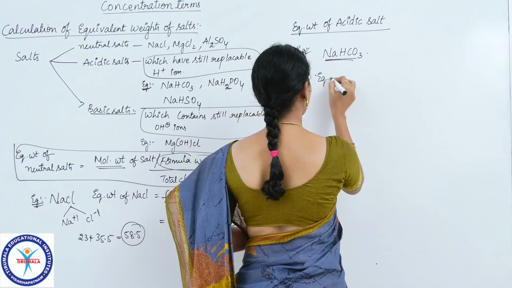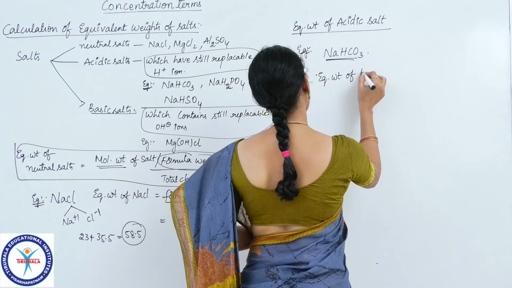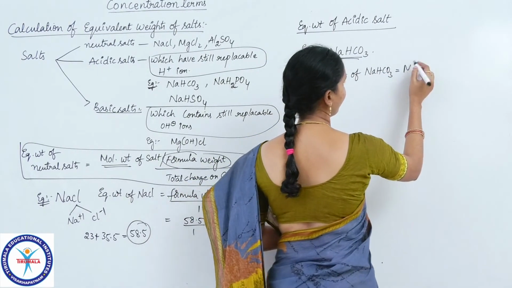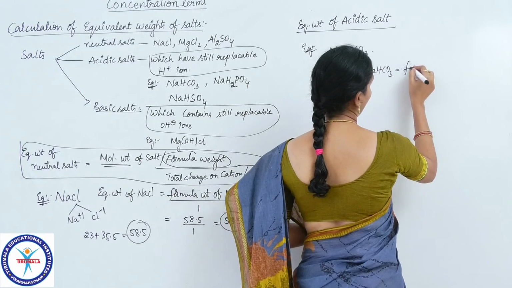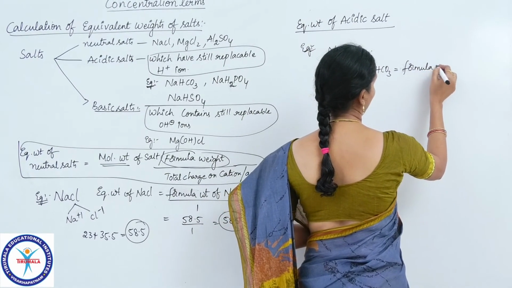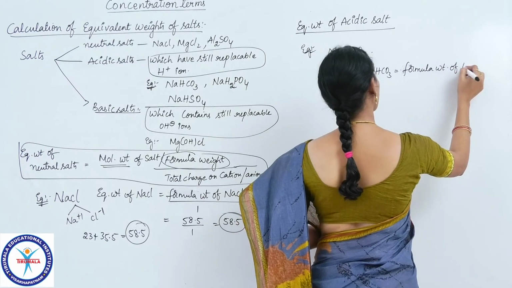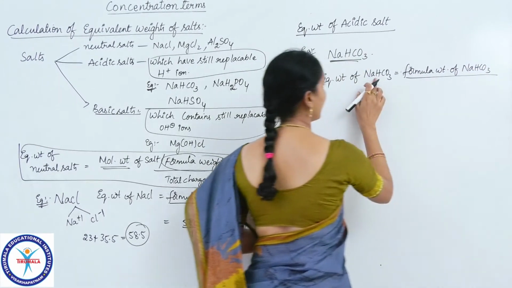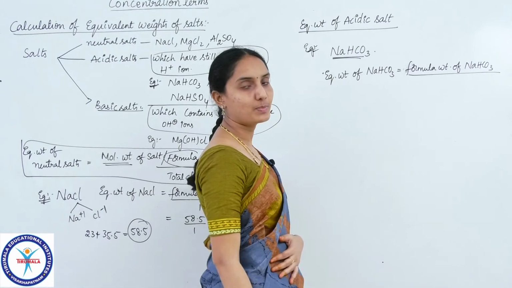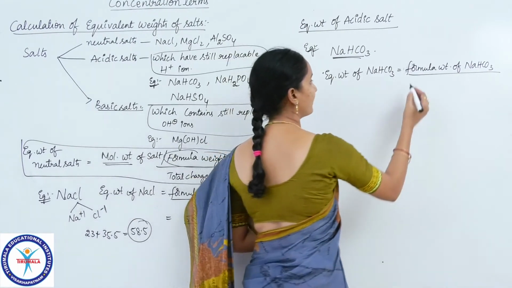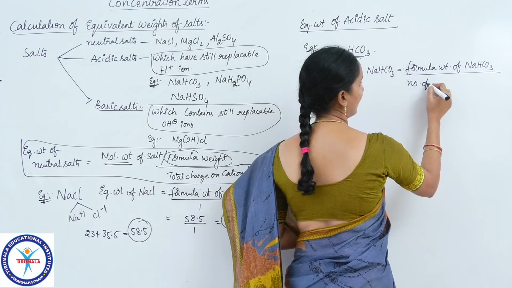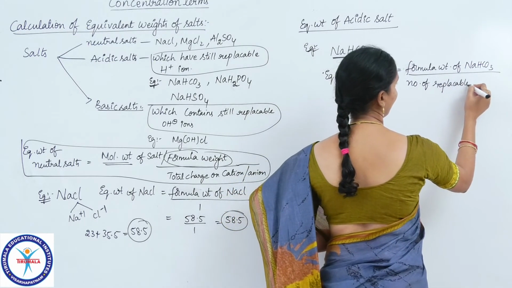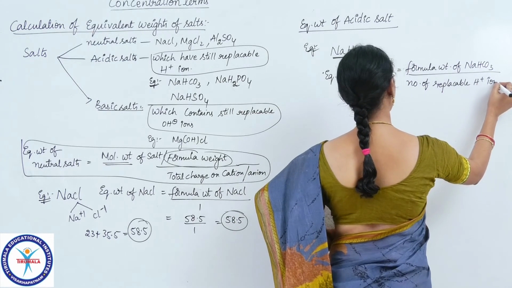Then equivalent weight of NaHCO3 is equal to formula weight of NaHCO3 upon the number of replaceable H plus ions. How many replaceable H plus ions does it have, children? 1. So number of replaceable H plus ions you should take.